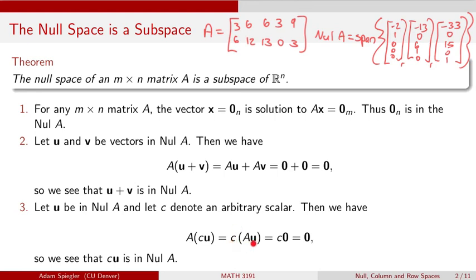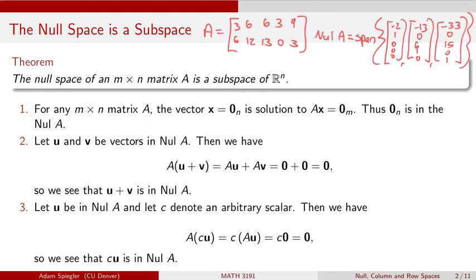So I can first take A times u, and then multiply by the scalar c. Since u is in the null space of A, we know that Au gives us 0. Regardless of what scalar c is, any scalar times the zero vector gives us the zero vector. So multiplying matrix A times the vector cu gives us the zero vector. That means that cu also has to be in the null space of matrix A.